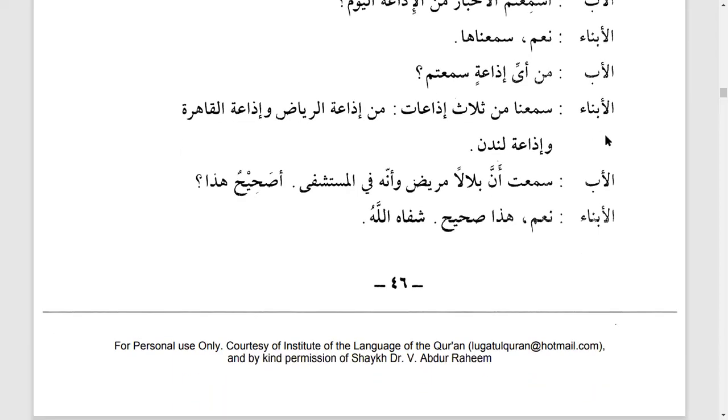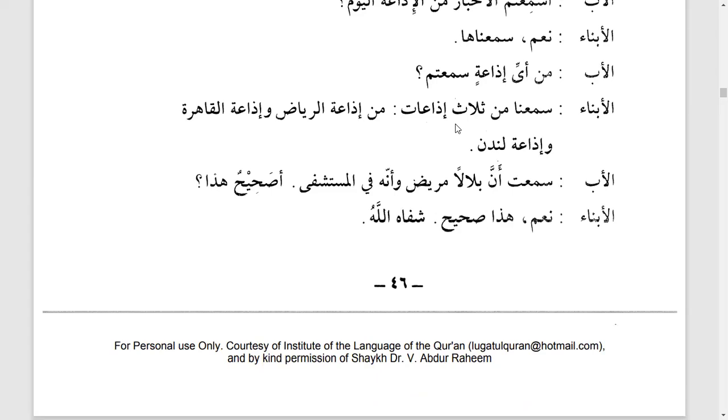Al-abna', "Sami'na min thalathi idha'atin." So they say that we listened from three radio stations. Thalathi idha'atin. Do you remember anything about this? The numbers from 3 to 10, yeah.